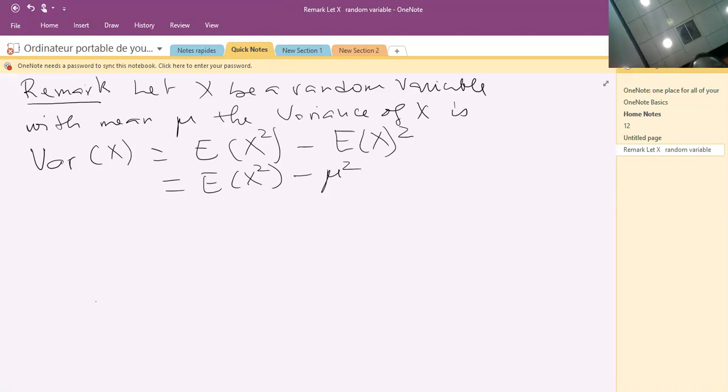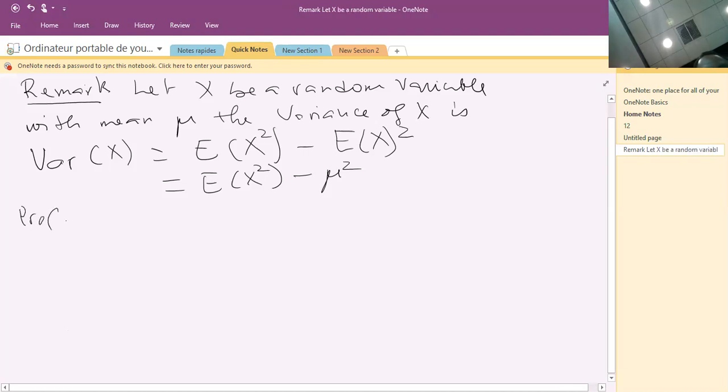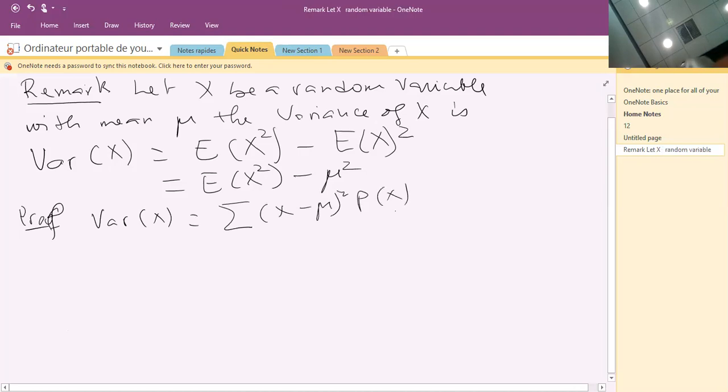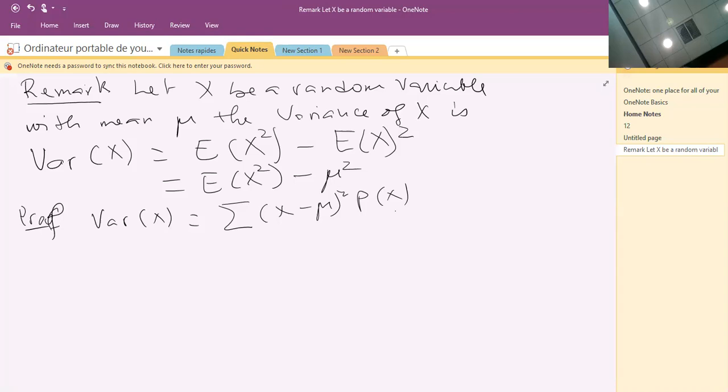Let's prove this. It's a remark, but I would write a proof. By definition, the variance of X is the sum of (x minus mu) squared times p of x, as our definition of the variance is E of (X minus mu) squared.